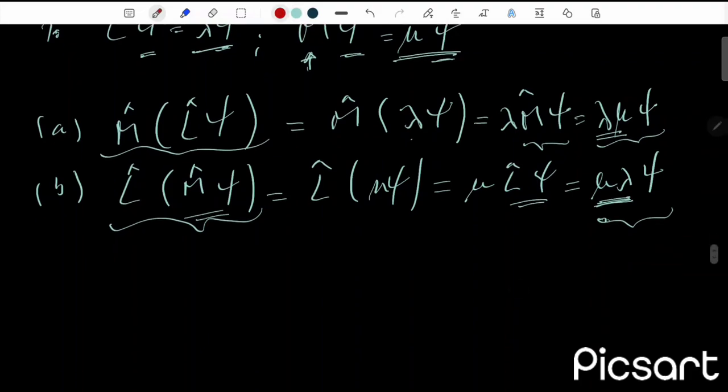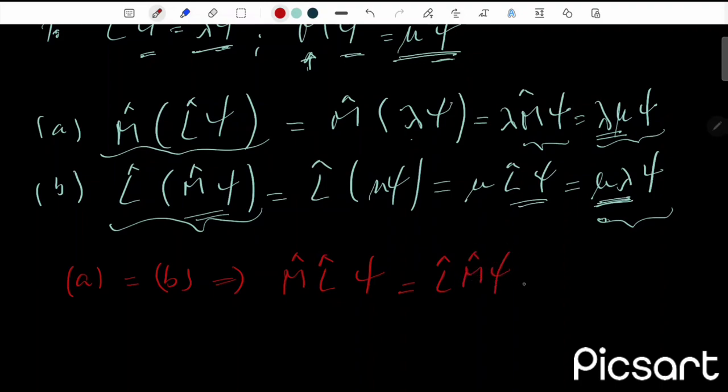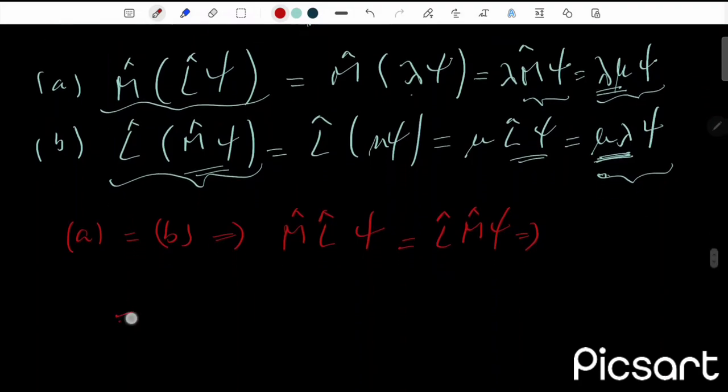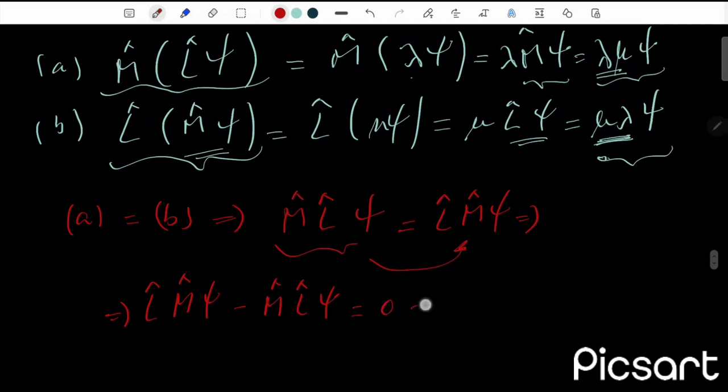Then we have here A equal to B, so that M acting on L acting on psi is equal to L acting on M acting on psi. And if we take this to the right hand side, we get L acting on M acting on psi minus M acting on L acting on psi, which is equal to 0.